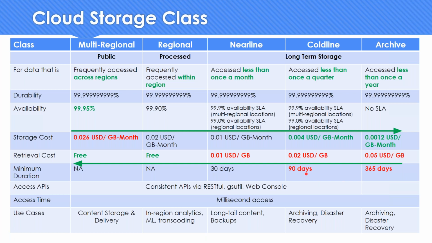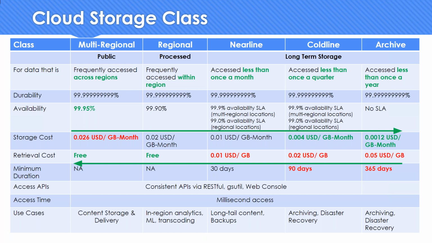For example, let's take a 1 GB file. You keep it in coldline only for 60 days and delete it. Assume this is March. You're going to get the bill for March at the end of March.